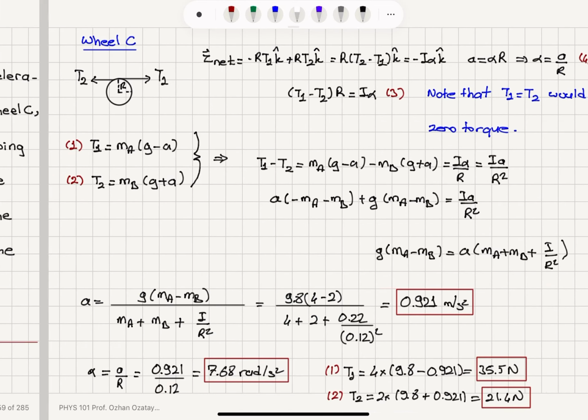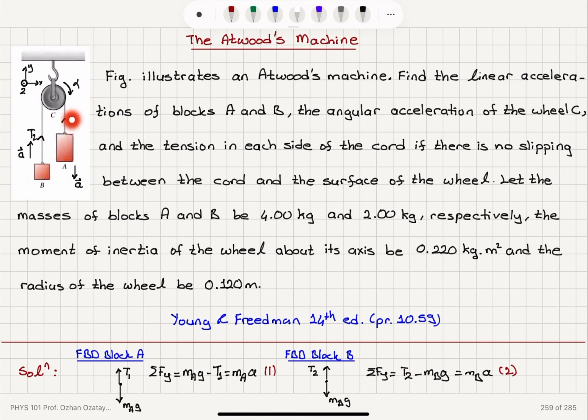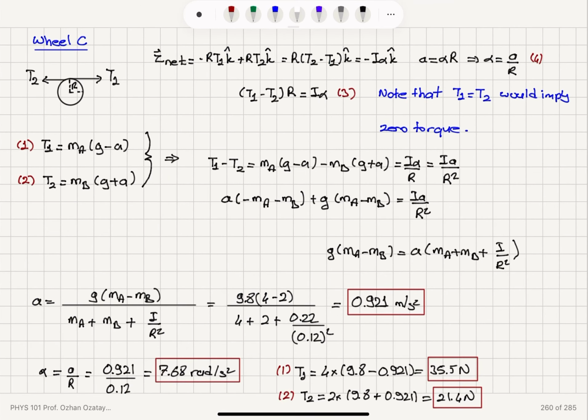And for the wheel C, if these are the tensions acting on B and A, we would have their counterparts acting on the wheel C. T2 would be pointing down on the left side. On the right side, T1 would be pointing down. So on the top of the wheel, we have T1 pointing to the right, T2 pointing to the left.